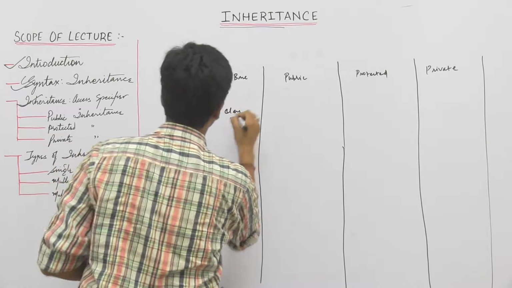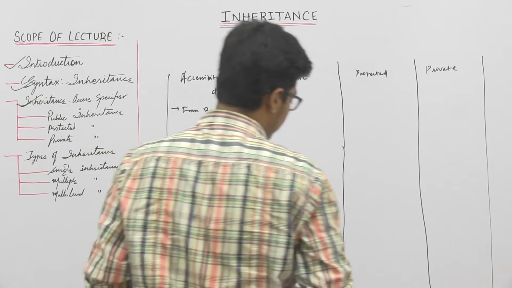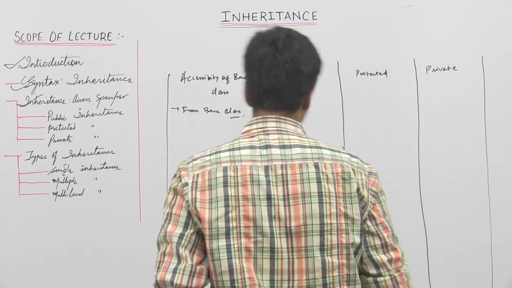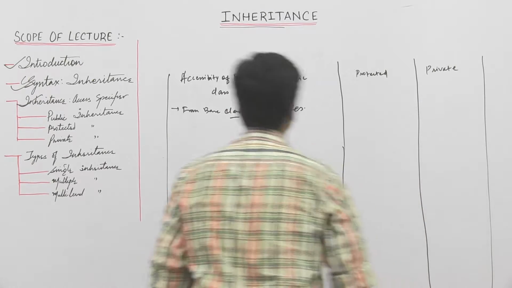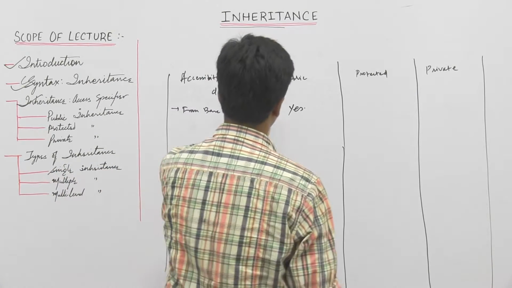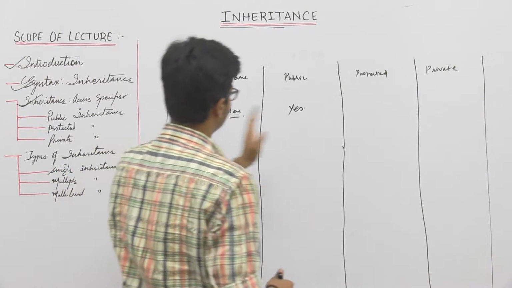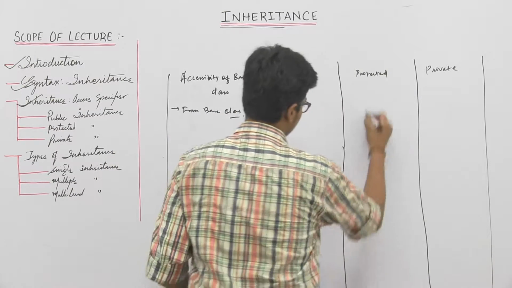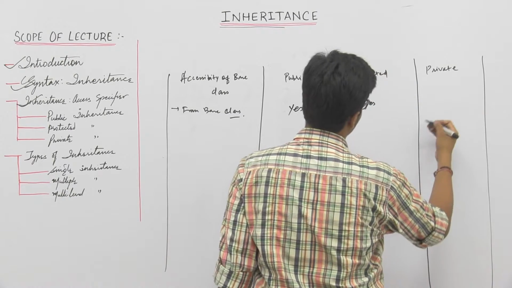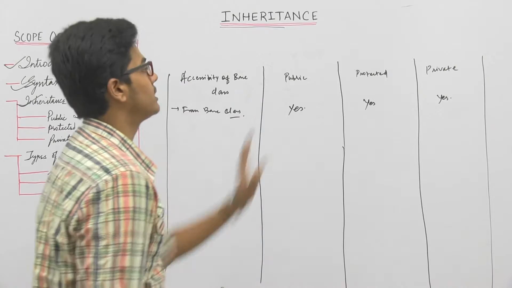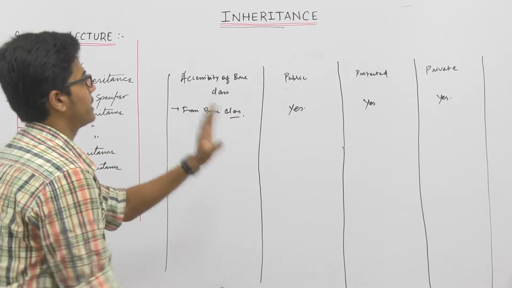If the accessibility is from the base class to the derived class, then yes, you can access it. From the base class in public mode, you can access it. In protected, yes, you can access it, and in private, yes, you can access it from the base class. You can access in all three modes: public, protected, and private.